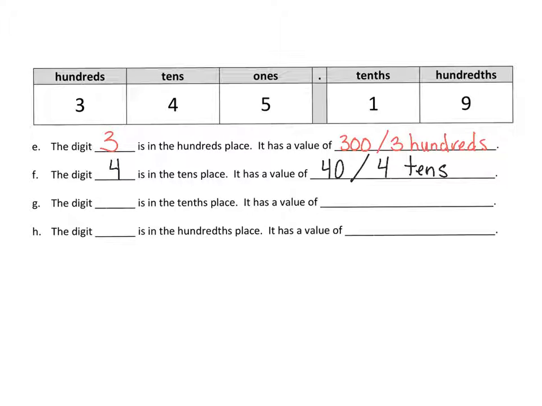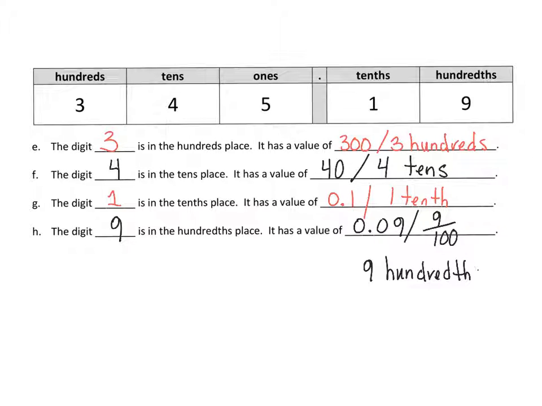The digit in the tenths place, there's just 1, and the value of that is 0.1, or we could say 1 tenth. And in the hundredths place, we've got a 9. Now what's the value of that? Well, it's 0.09, because 9 is in the hundredths, or we could say 9 hundredths in unit form.